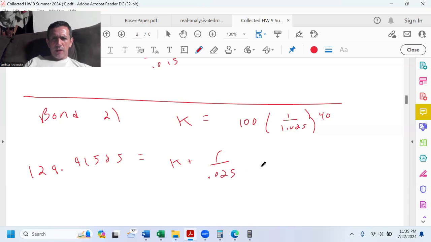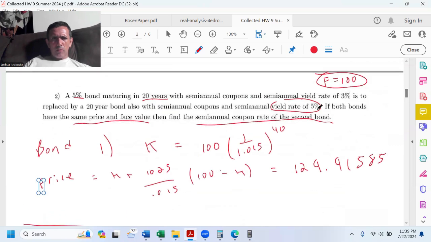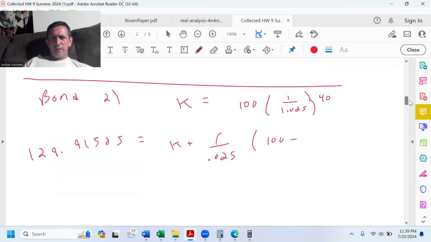Trying to find that. We know 2.5% is my actual 6-month yield rate. And again, I'm just picking an arbitrary face value. We wanted to leave it as F because we don't know it. It's fine. You would just cancel an F everywhere. It's up to you for this kind of problem.